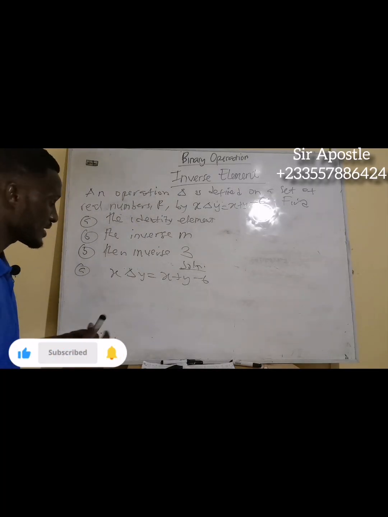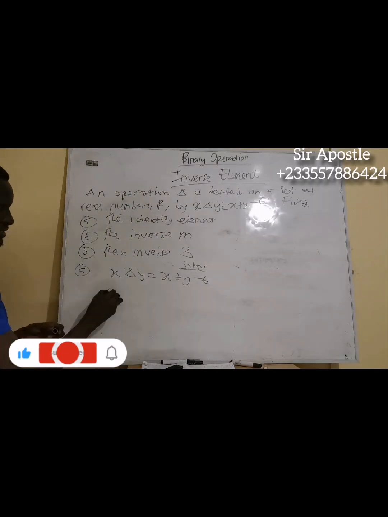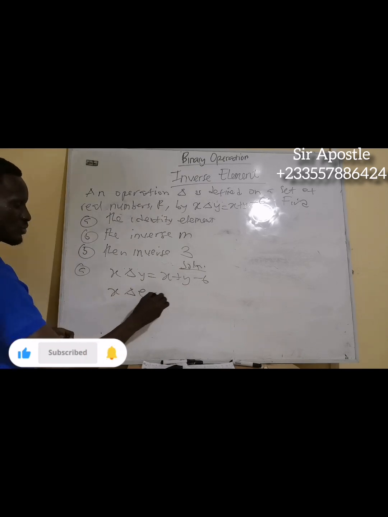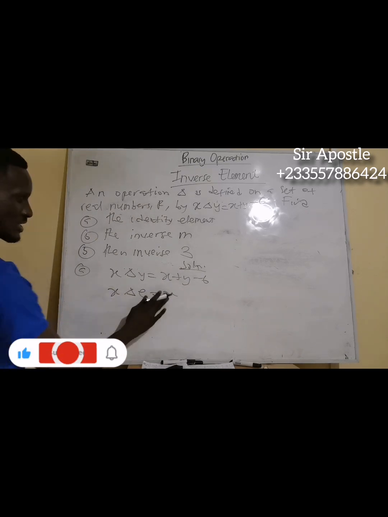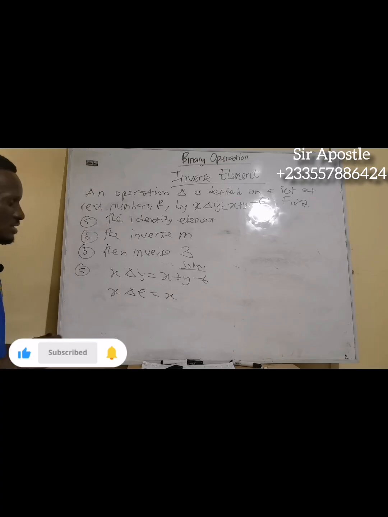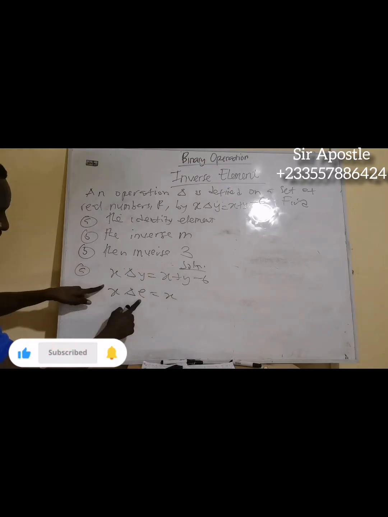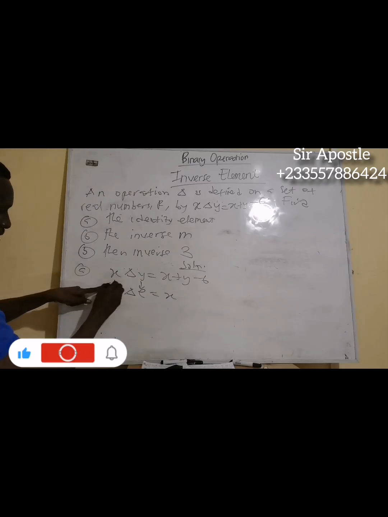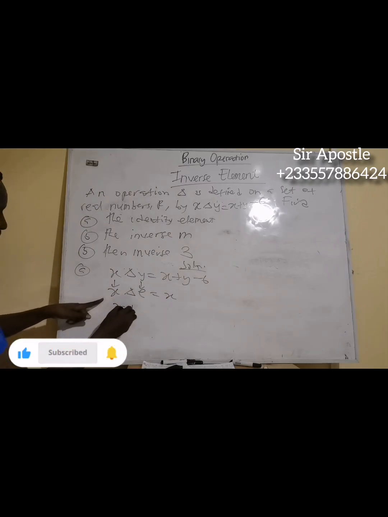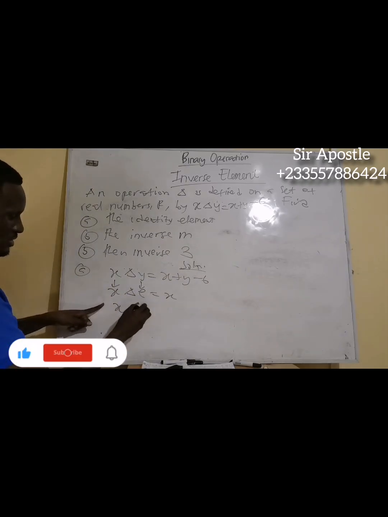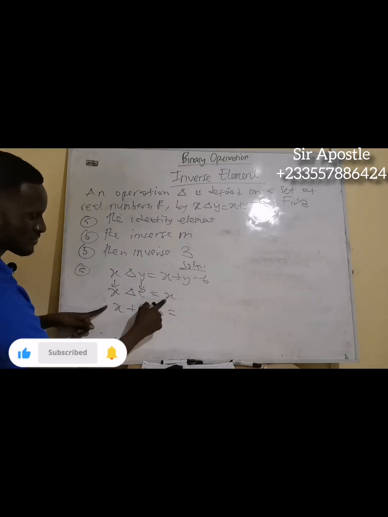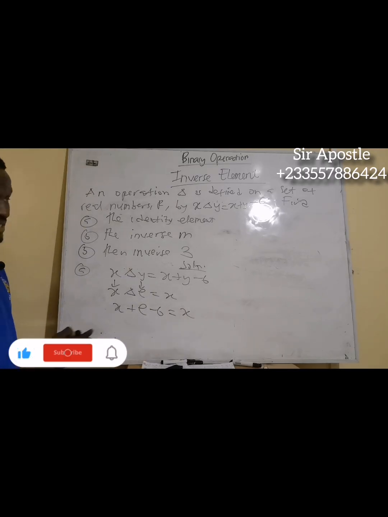What do we say about the identity element? If I have x operating on the identity element, it's supposed to give me x, right? So x is x, y is e. Let's substitute: x plus e minus 6 is supposed to give us x. I hope this is simple, right?